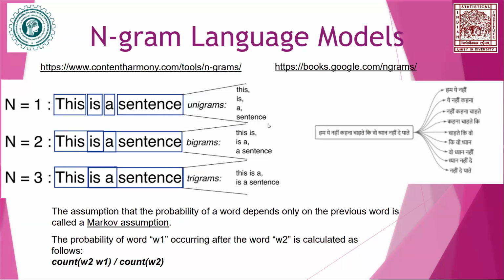So W1, W2, for example, in this example that we have, this is in the bigram model. So this is taken as a bigram and a count. Wherever in that corpus this is followed by is, so the count of W2, W1, that is this and is, is kept in some data structure or maybe in a file somewhere.